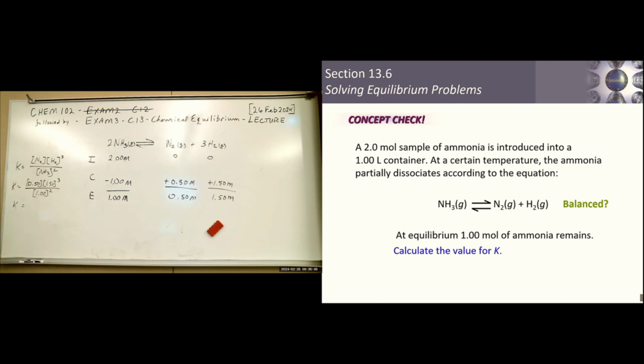I have to put that on my calculator. So this one is going to be 3.375 times 0.5 divided by 1. Okay, so 0.5 times that one and divided by 1 is 1.69, which is our K for that reaction.